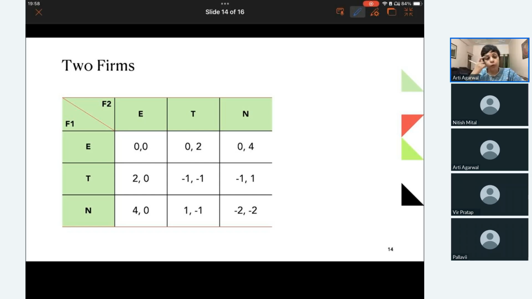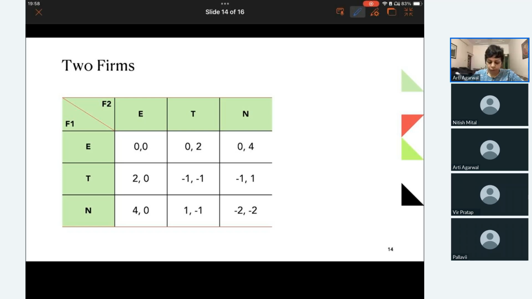Whereas if only one is exiting, if firm 1 is exiting in the next quarter and firm 2 is exiting in the T quarter, let's call it T quarter, then firm 1 gets a payoff of 1, whereas firm 2 gets a payoff of -1 because it is already stopped operating at the end of T quarter.